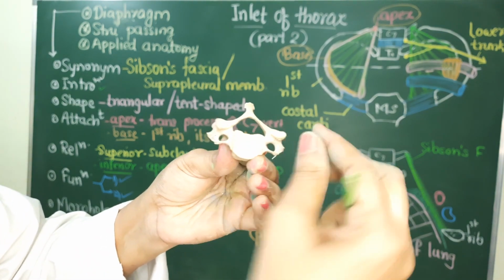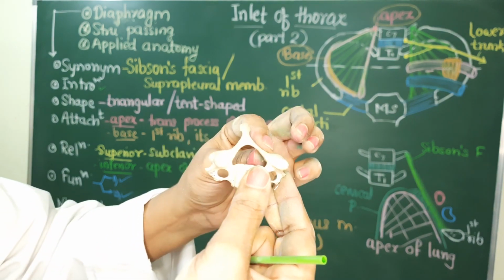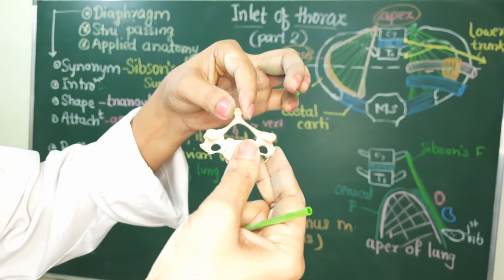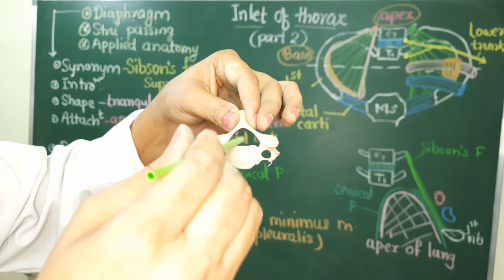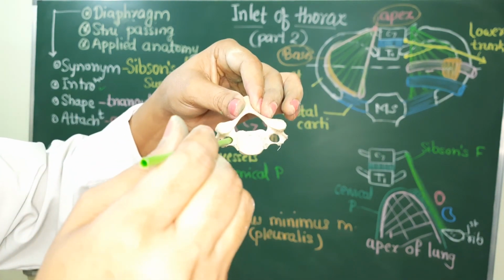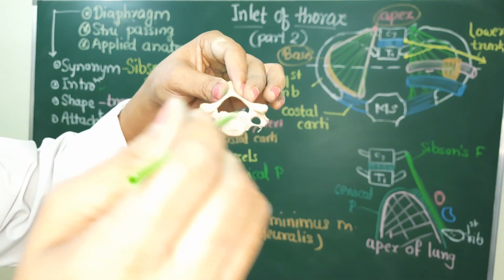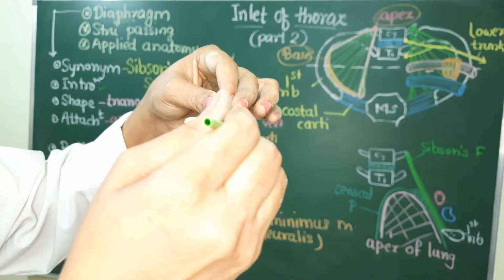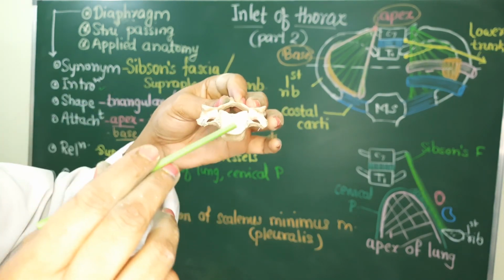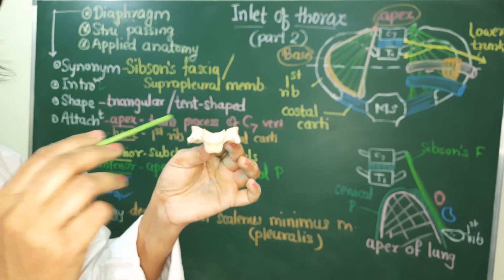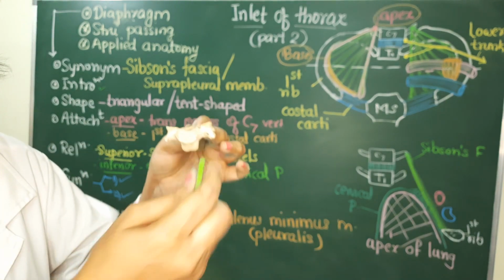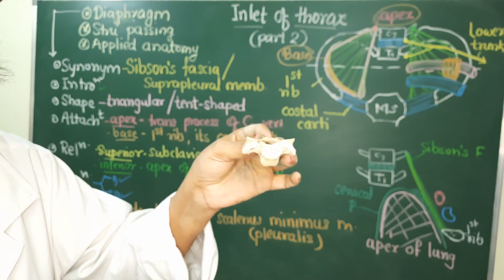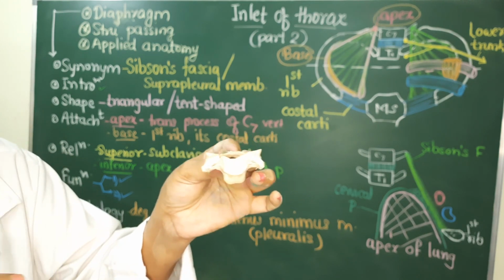Here these 2 are the transverse processes, lamina, and this is the spine of the C7 vertebra with the vertebral canal. Important thing here, you get the foramen transversarium present in the transverse process of this vertebra. Okay, now this C7 vertebra, tip of the transverse process gives attachment to the apex of the Simpson's fascia.